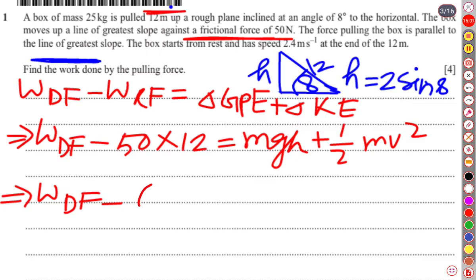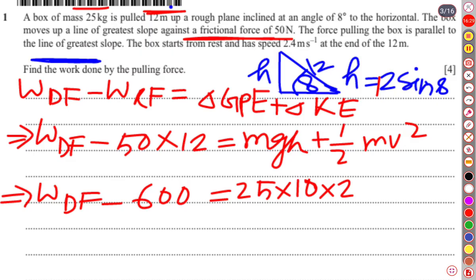Well, so it is 600 equal to the mass of the particle, which was 25 kg, the box was 25, times acceleration due to gravity, 10, and the height we have already found. Height is 12 sine 8.